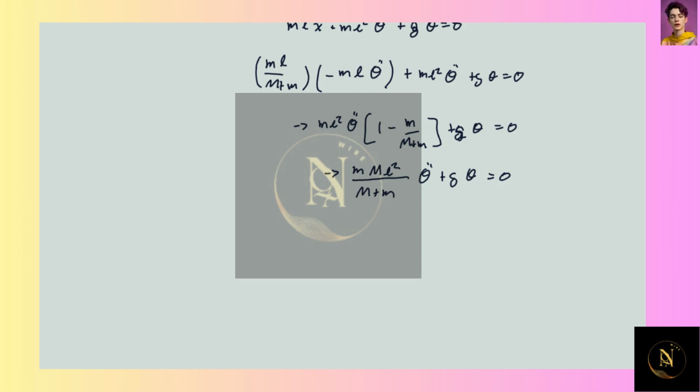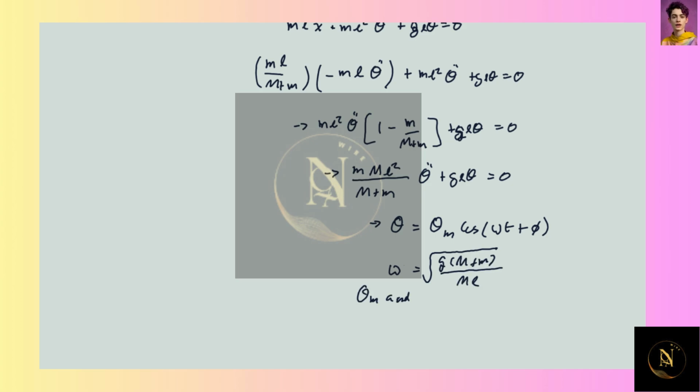But theta is some oscillatory thing involving cosine, and so we have an arbitrary constant for the magnitude of the amplitude, and another arbitrary constant for the phase. We're not given the initial conditions, so we can't evaluate those. And this is what it looks like.